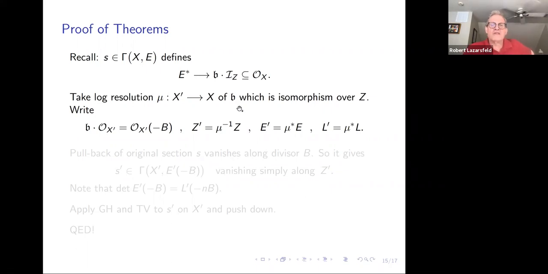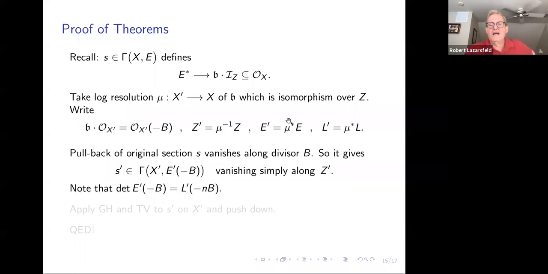You just take a log resolution of B, and you ask that it be an isomorphism over Z. So we'll say that the pullback of B is a divisor, the sections vanishing along minus B, where B has normal crossing support. We'll write Z prime for the inverse image of Z in X prime, but remember, mu is an isomorphism over Z. So this Z prime maps isomorphically to Z. E prime will denote the pullback of E, and L prime will denote the pullback of L.